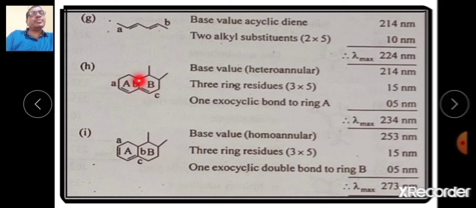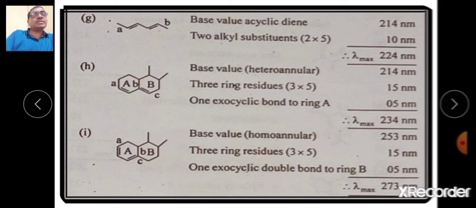A, B and C. Now base value for heteroannular diene system is 214 nanometer. 3 ring residues, and therefore 3 into 5 equal to 15 nanometer. 1 exocyclic bond to ring A. This is a bond which is exocyclic to ring A, and therefore add 5 and lambda max becomes 234 nanometer.